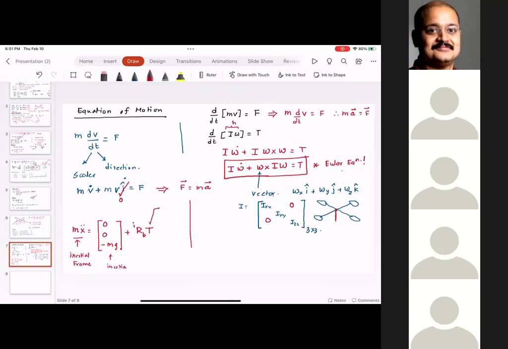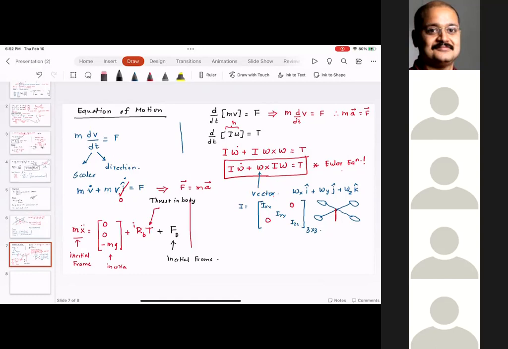And this is the thrust in body frame. Plus I have the drag force, and this drag force I'm approximating in the inertial frame. Are you with me?